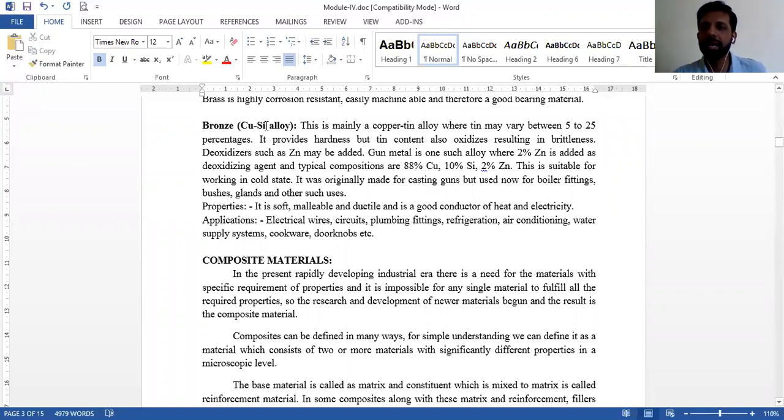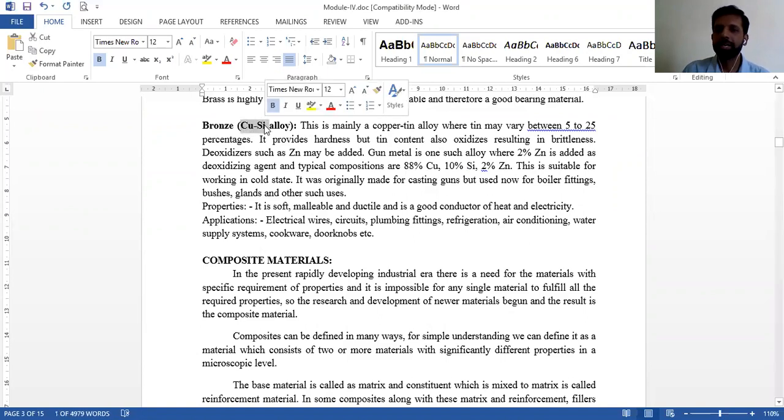What is happening in these alloys is that the moment we add these two materials to form an alloy, it is going to imbibe the properties of copper as well as silicon. On one end, copper has good thermal and electrical conductivity, and on the other end, silicon has good wear resistance properties.